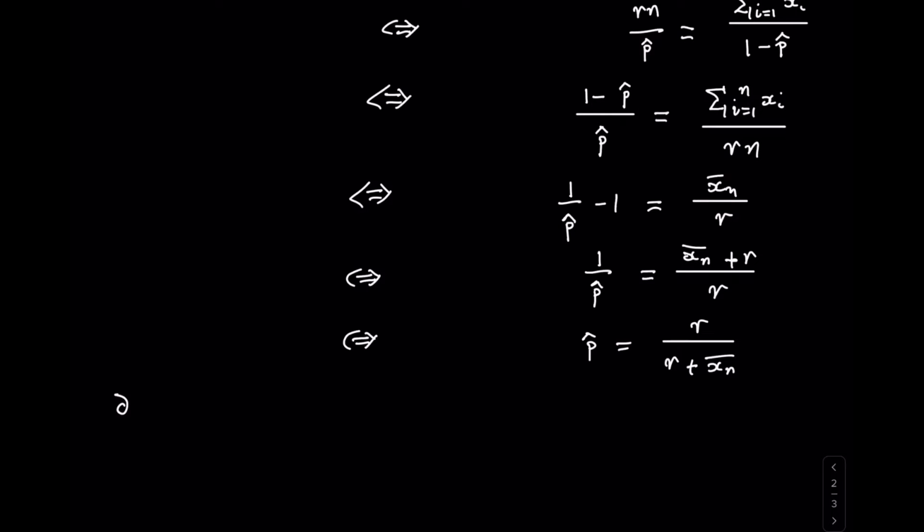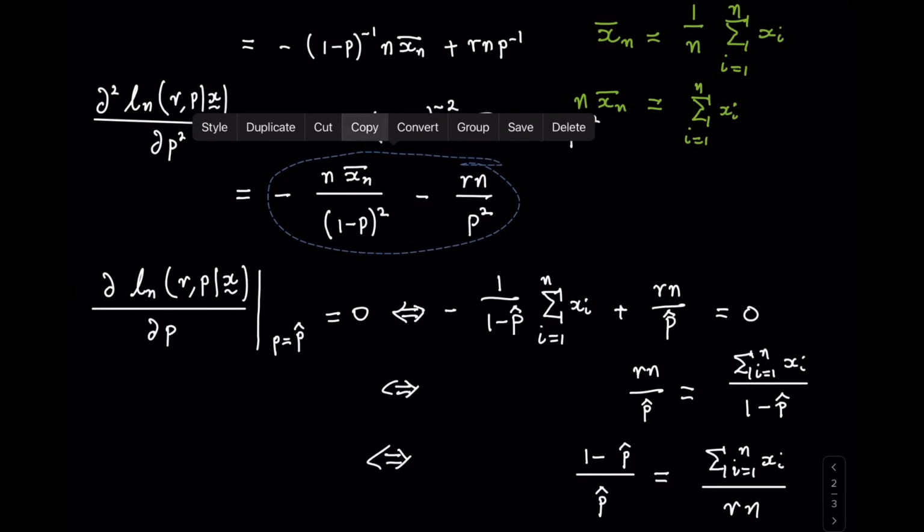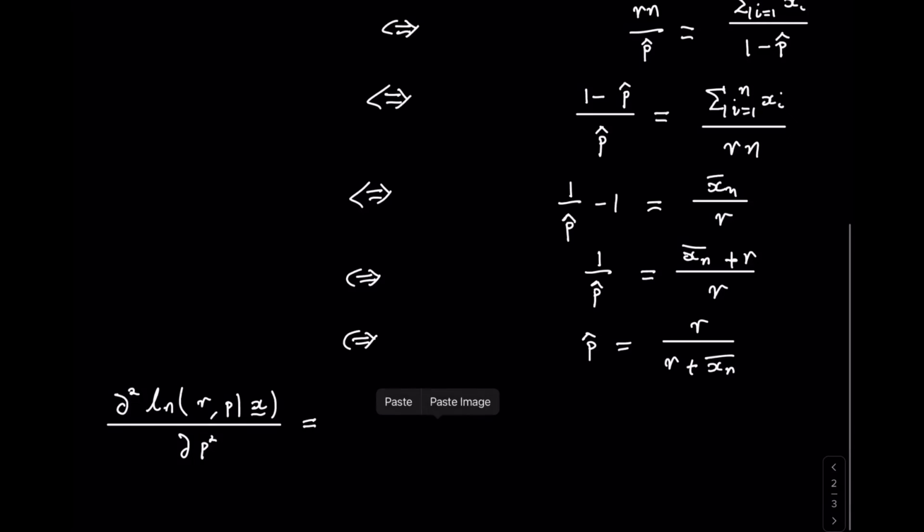Just noticing that the second derivative of ln of L(r, p) given the vector, with respect to p, is equal to, now we had it above, here it is, copy that down.